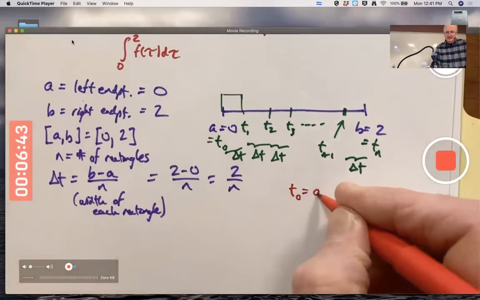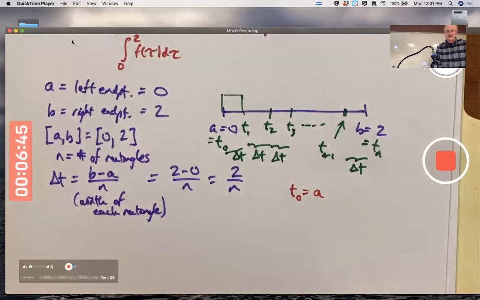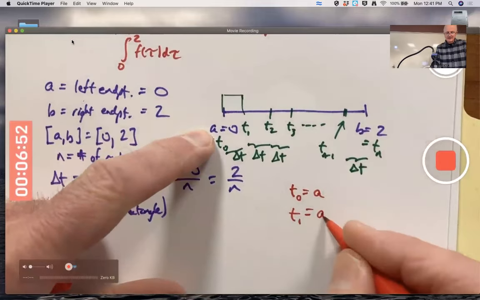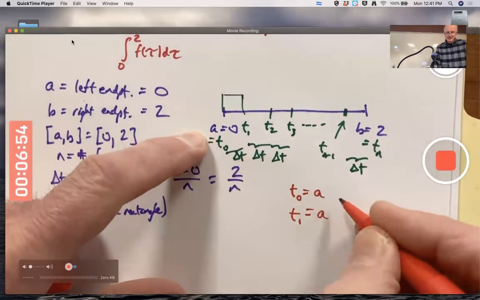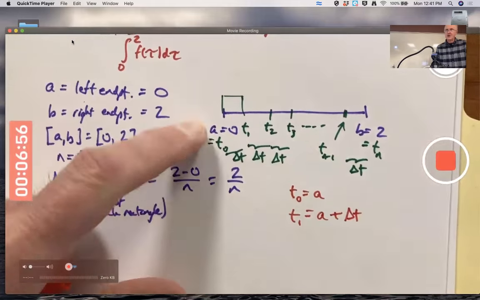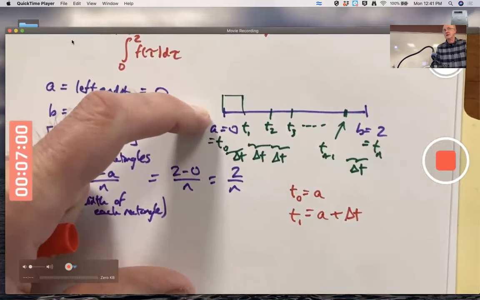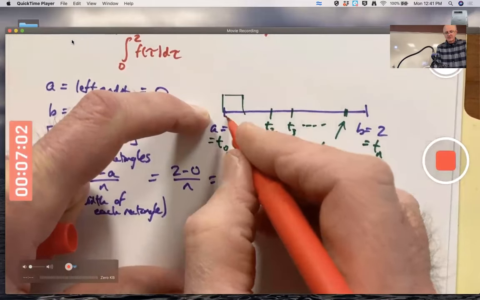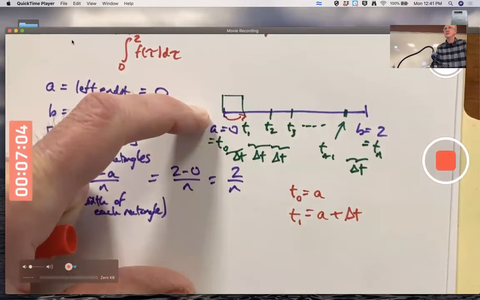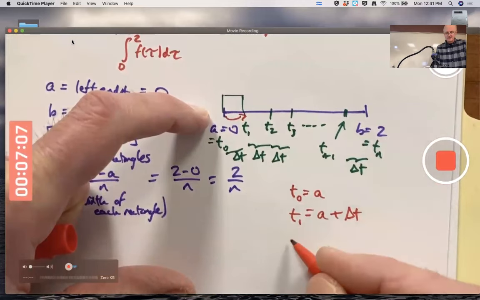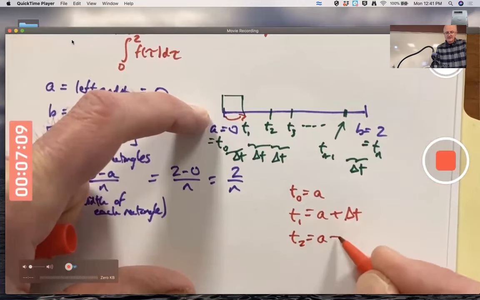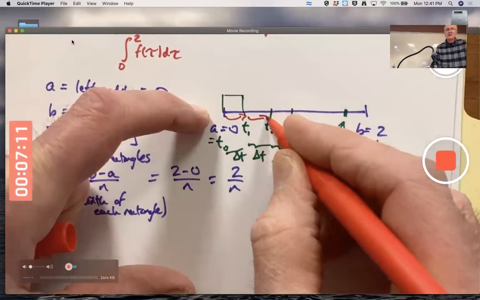t0, I've already said, is what a is. t1, look at the picture, is going to be the starting point a plus delta t, right? Just start at a, which is 0 for our example, but doesn't have to be 0 in general, and move delta t units to the right to get to t1. t2 is going to be a plus 2 times delta t.